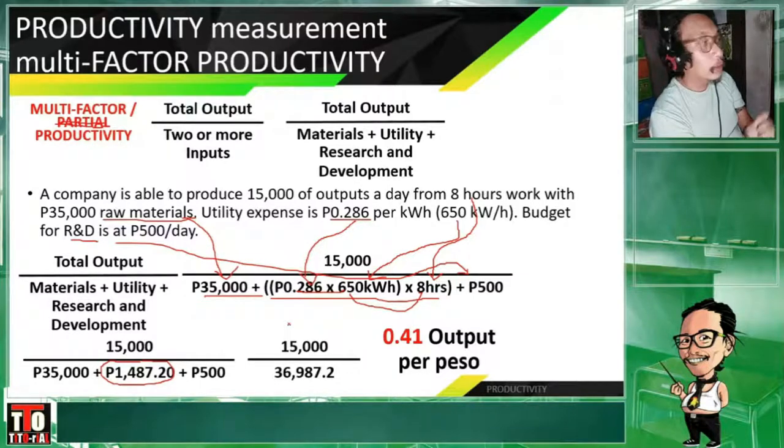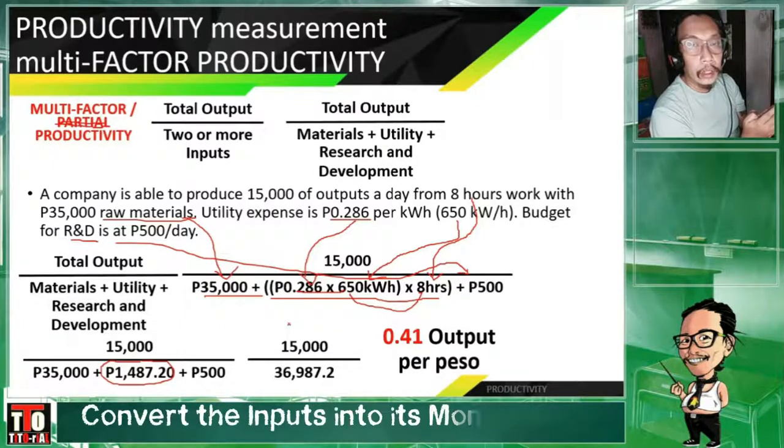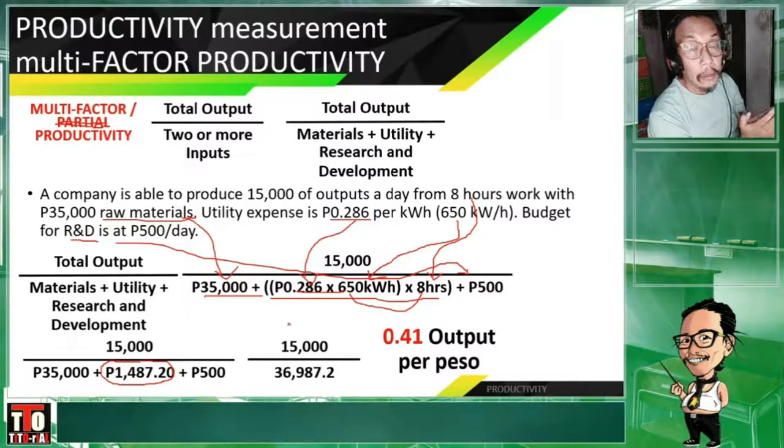Unlike single factor productivity, where, for example, with labor hours, you only need the value of your productivity per labor hour. Okay? Now, in this case, when you are considering different inputs and combining them, what they have in common is the money value. So, don't forget to convert your inputs into money value when using multi-factor and total productivity. Okay?